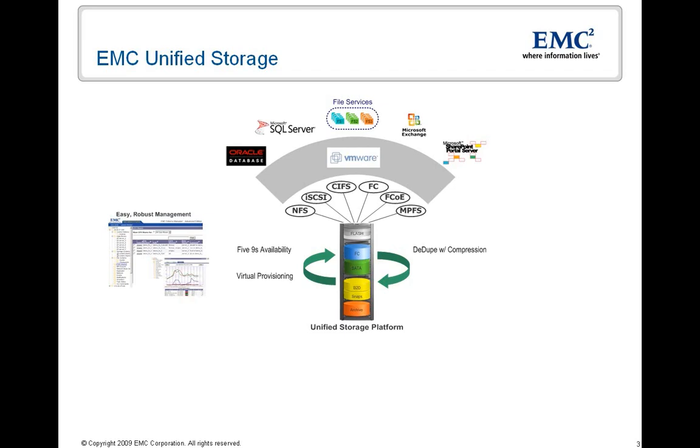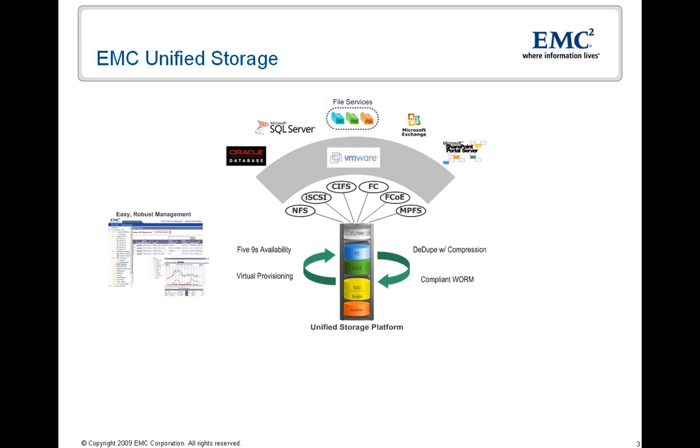Virtual provisioning is the concept of creating a file system that is maybe 200 gigs, but ultimately when the client maps or mounts that particular file system, it appears as a 1 terabyte file system, giving the illusion that they have a 1 terabyte file system, when in actuality we've only allocated, say, 200 gigs.